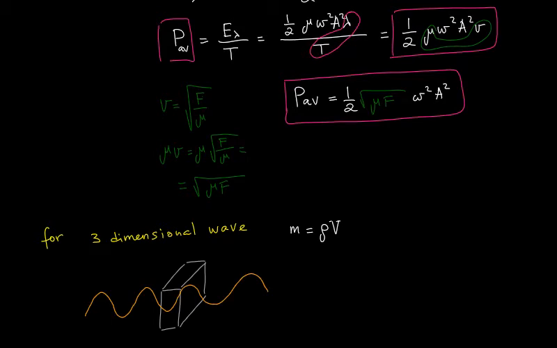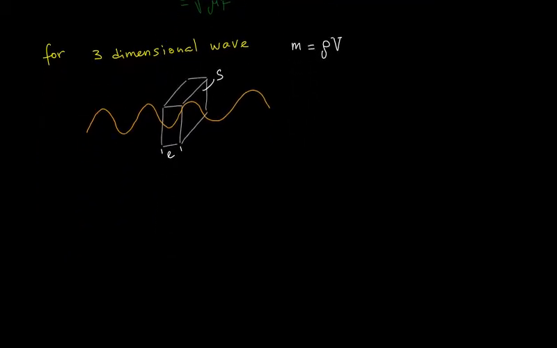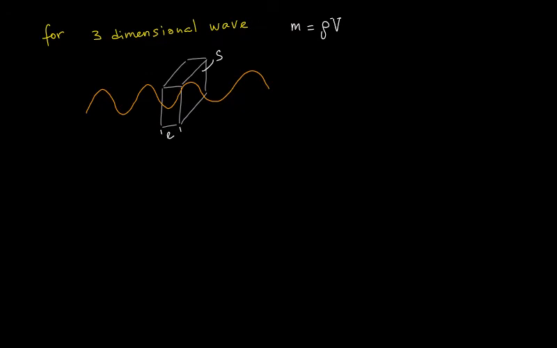As this picture shows, this little rectangular slice of the medium has a surface area, let's call it S, and it has a length L, and this L equals V times time.